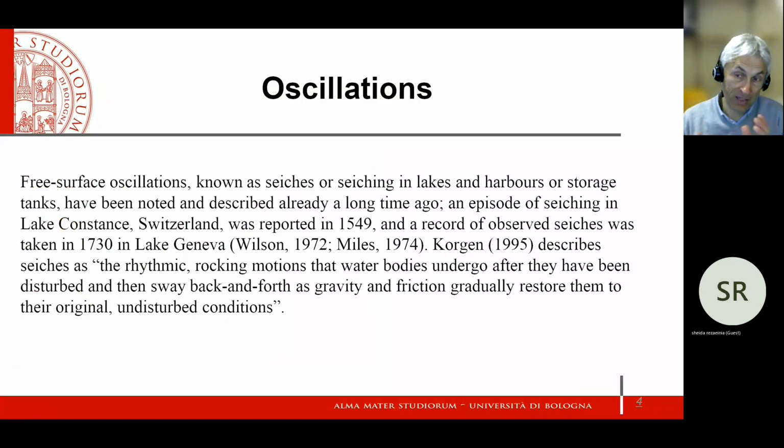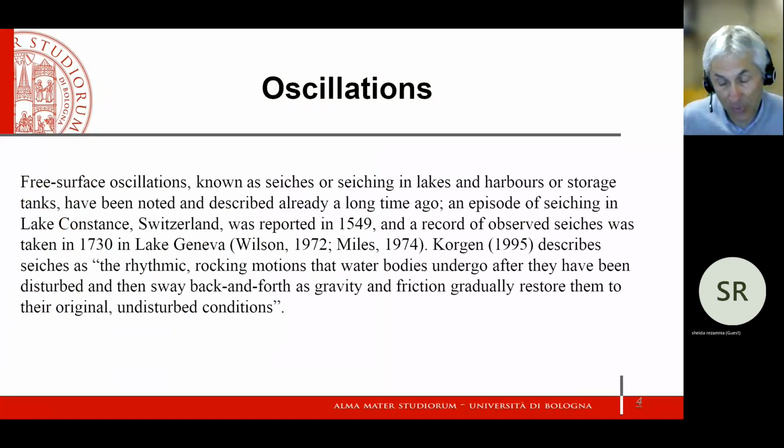And there is a description of the seiche, which was provided by a person who witnessed them, and they were defined as the rhythmic rocking motions that water bodies undergo after they have been disturbed and then sway back and forth as gravity and friction gradually restore them to the original undisturbed conditions. So there is this sway back and forth.